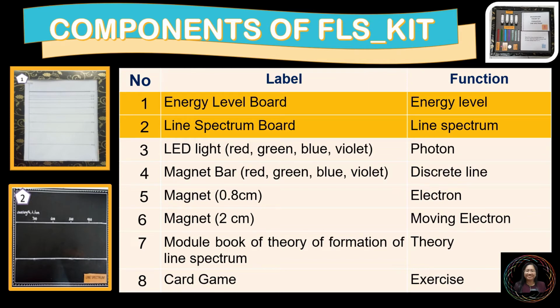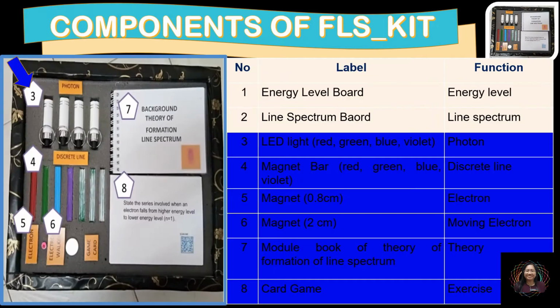In the diagram shown here, there are an energy level board, a line spectrum board, LED light, magnetic bars as discrete lines with red, green, blue and violet color, another smaller magnet with a size of 0.8 cm as the electron, and to move the electron from the back, there is another magnet with the size of 2 cm. There is also a module book of theory about the formation of line spectrum, and the last component is the game card.